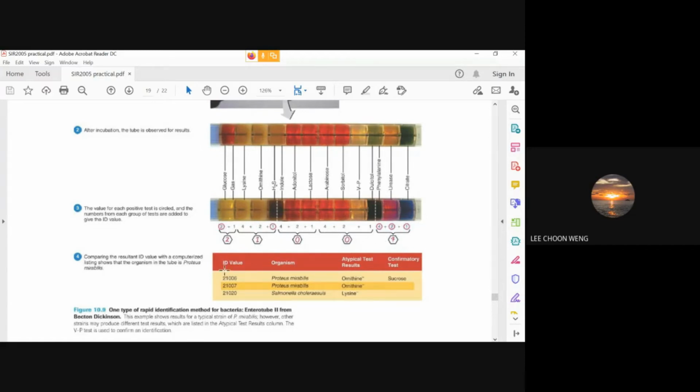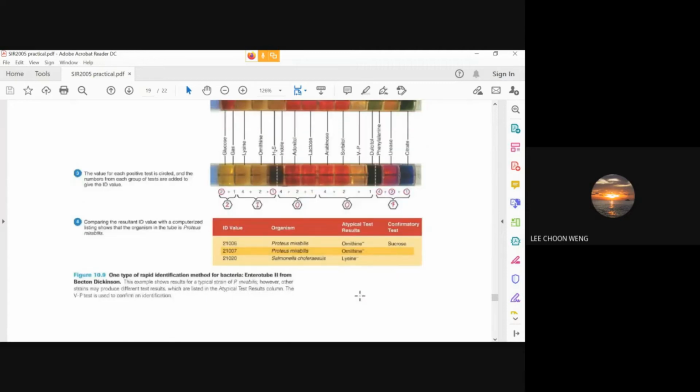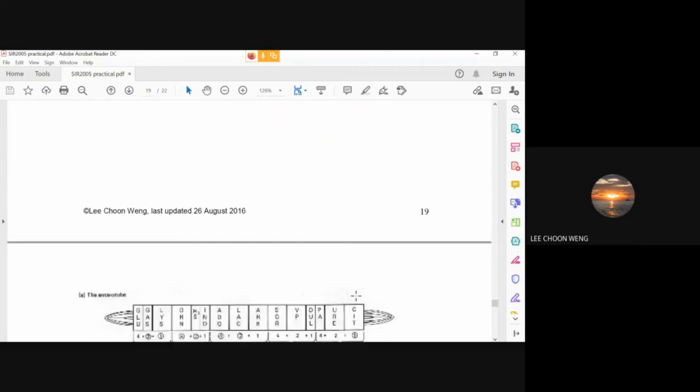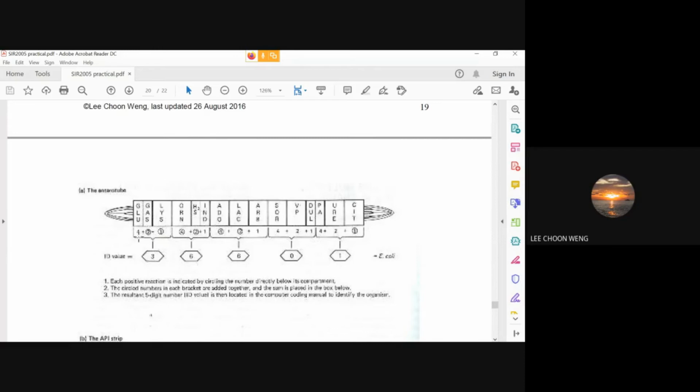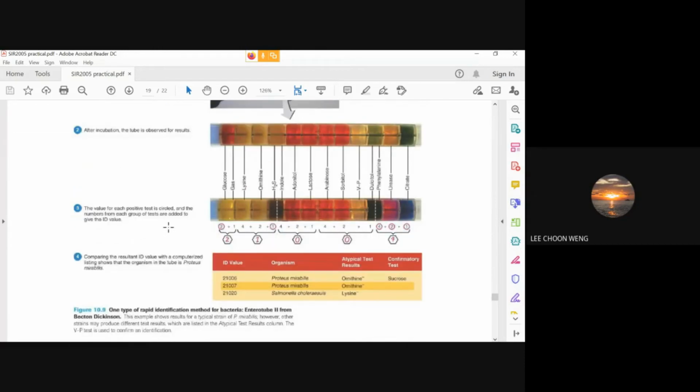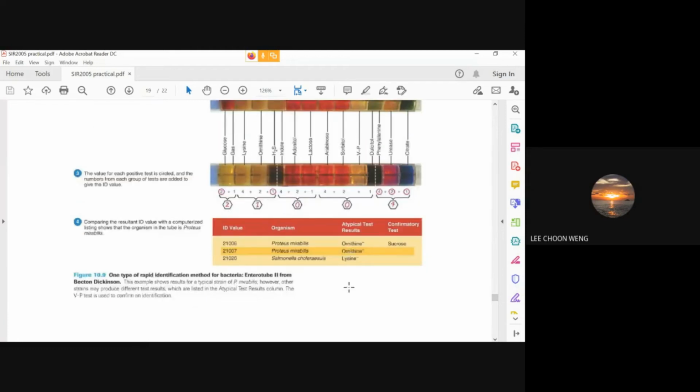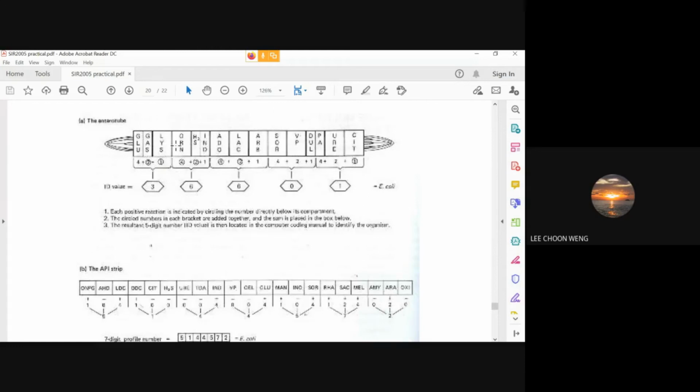Then from the code ID value, you can see the presumptive organism or identification of the organism. You can see from here it's media based, it is agar. So these are the types of tests that are available.